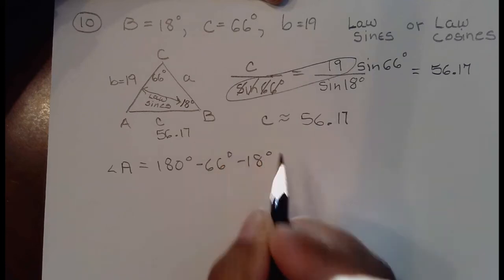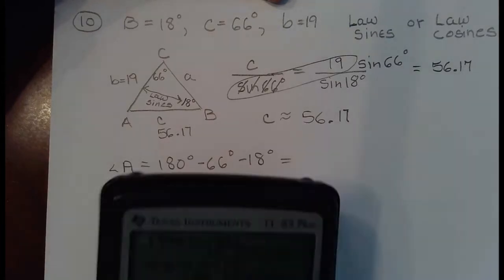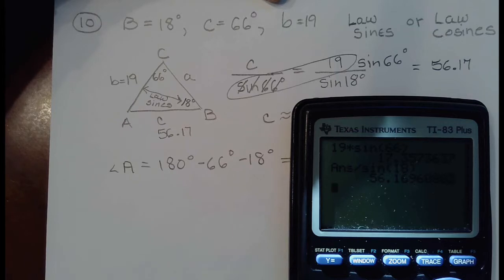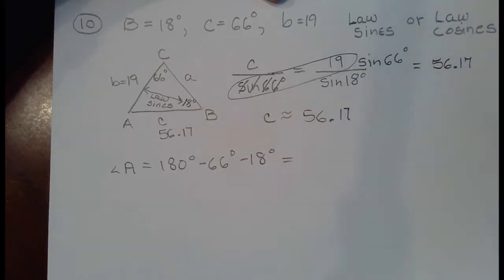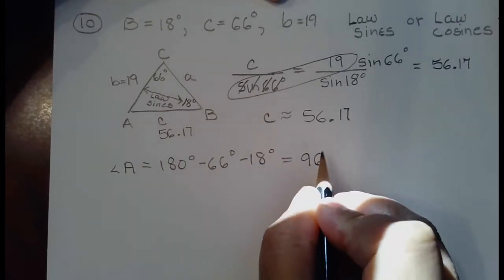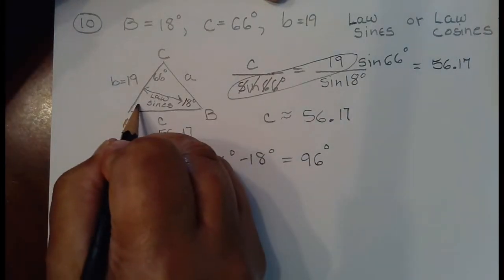In other words, you're just subtracting off the two angles that we already were given, just as we have in many of these problems. You're always doing that at some point in the problem. So take off the 66, take off the 18, and you have 96 degrees left. They asked you to round it to the nearest whole number, so 96 degrees left for angle A.